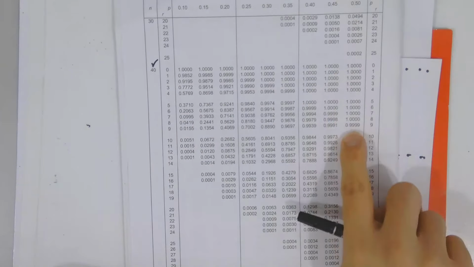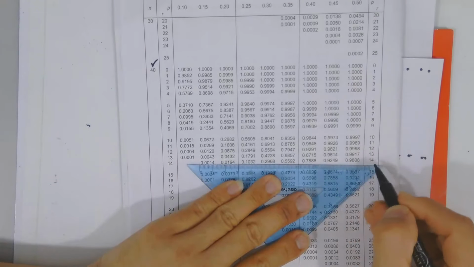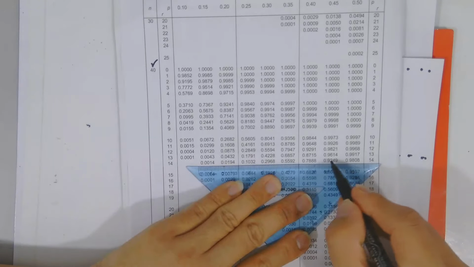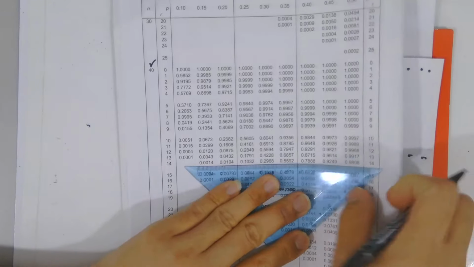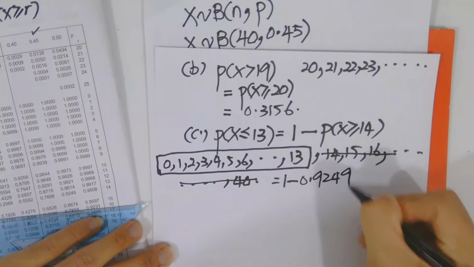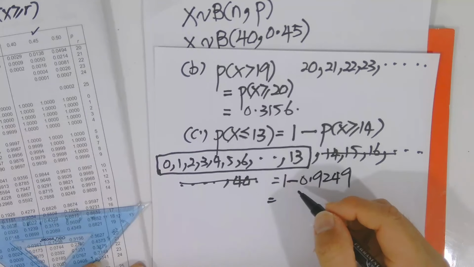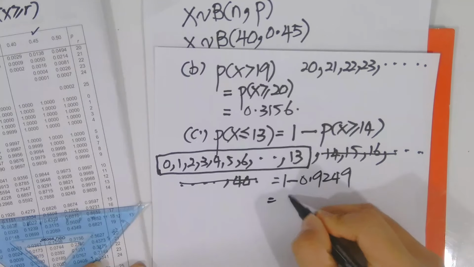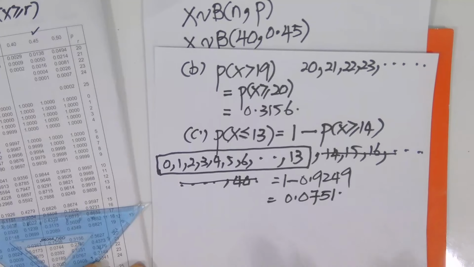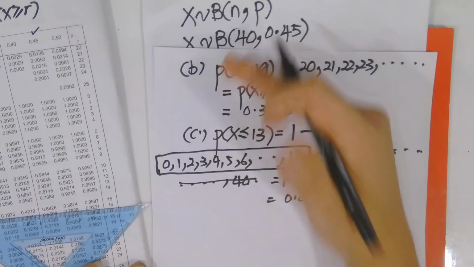This value of 14 here, the corresponding value is 0.9249. If you subtract this from 1, you are getting 0.0751.